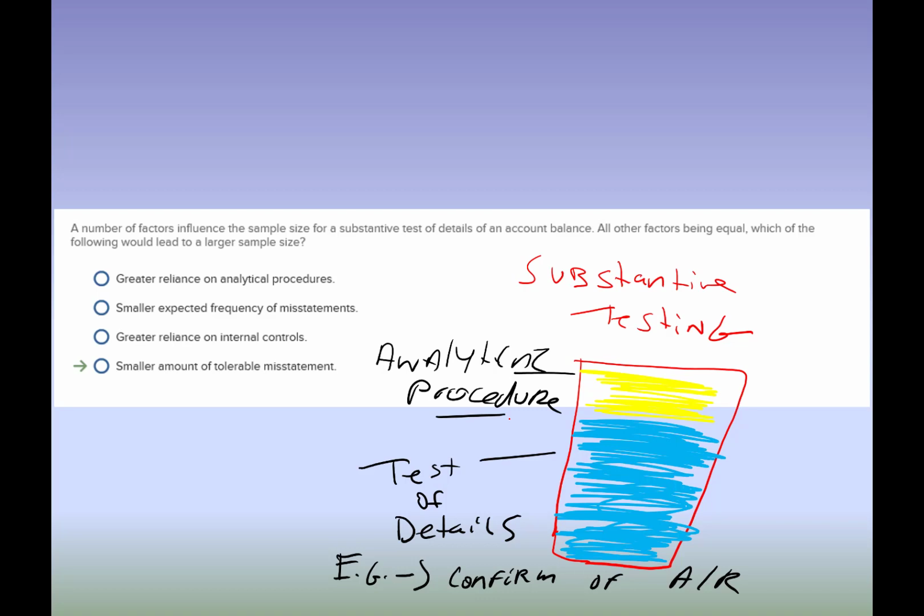Let's say the number of accounts receivable is going down, but the account balance is going up. What does that potentially indicate to you? We compare last year over this year.